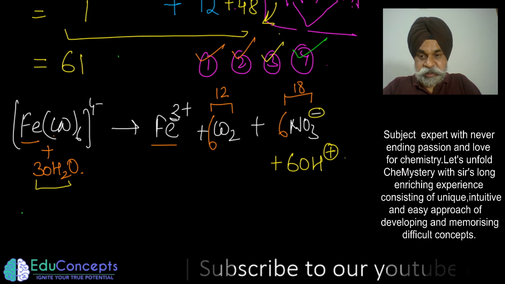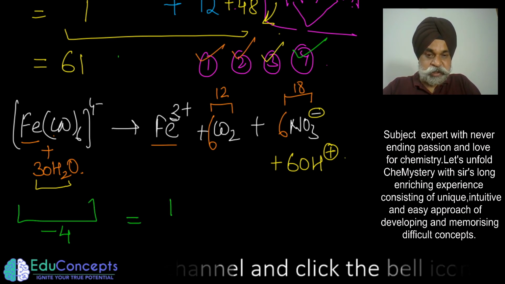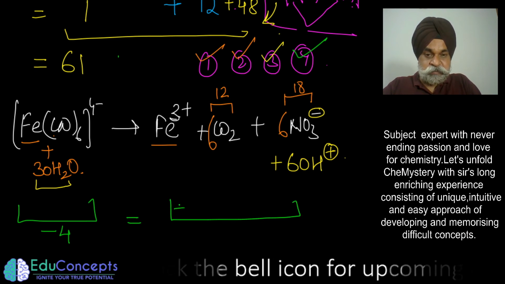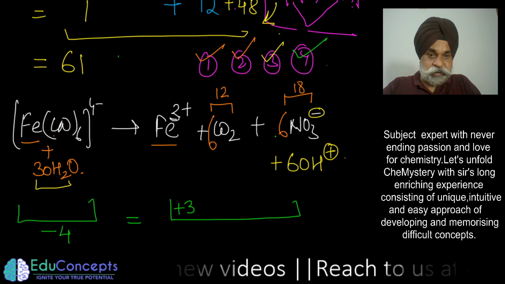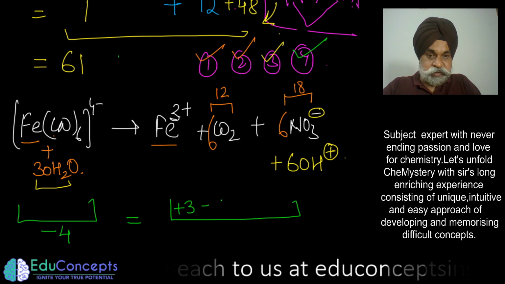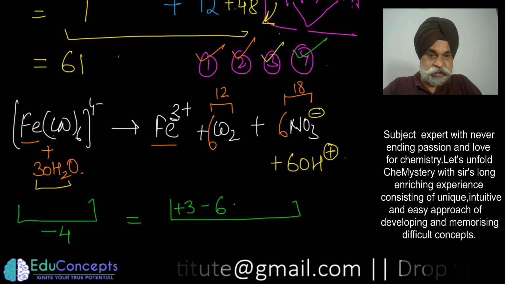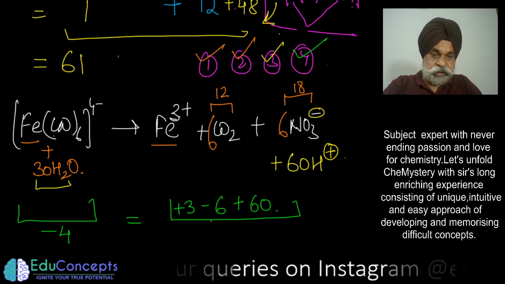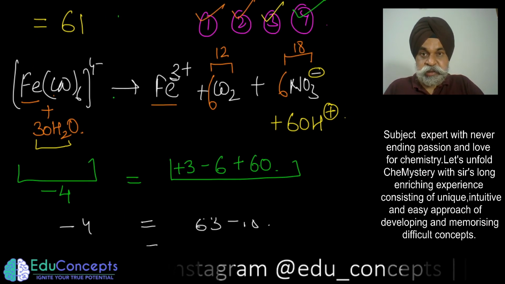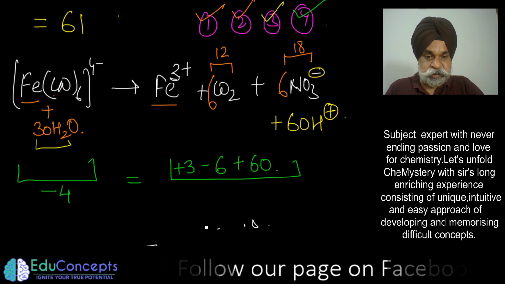Now let us see what is there. This is -4 on the reactant side. On the product side, what do you have? +3, and carbon dioxide doesn't carry any charge. You have to be a little attentive here. So it is -6, 6 ones are 6, -6, and this is +60. So 63 minus 6 becomes 57. Let me write it here.